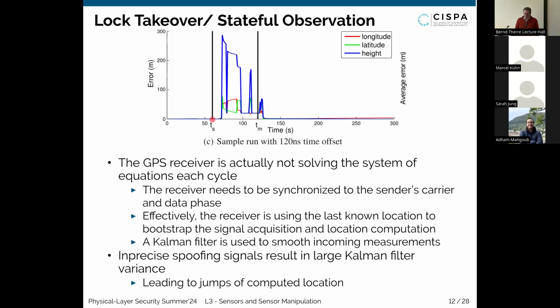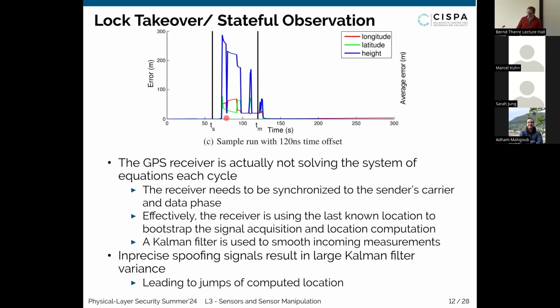After this part, the attacker starts to send a spoofing signal, but the spoofing signal is designed to exactly match the correct location of the victim. Afterwards, the victim slowly starts to synchronize to the attacker signals. What we realized, at least in our experiments, was that while the victim is switching over to our attacker signals, there are a bunch of problems in synchronization, which lead to some bigger location estimation error.